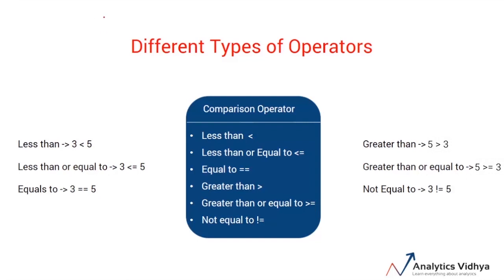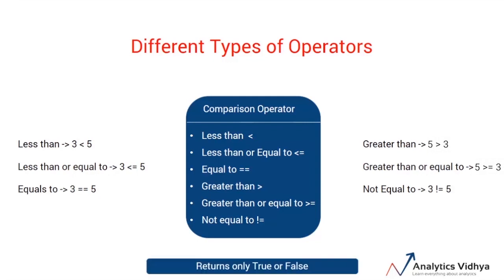So for example, we can compare 3 and 5 and see whether 3 is less than 5. The thing to note about comparison operators is they always return a true or false value. So for example, when we check 3 is less than 5, it will return true, and if we check whether 3 is greater than 5, it will return false. So this was all about comparison operators.